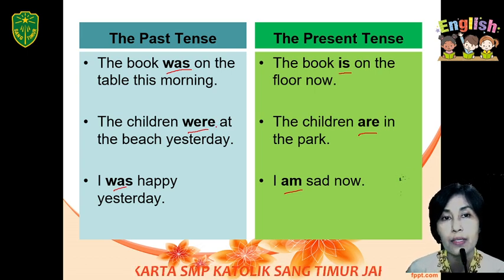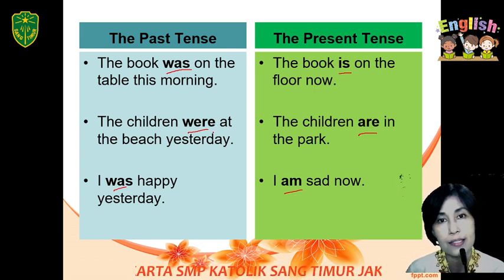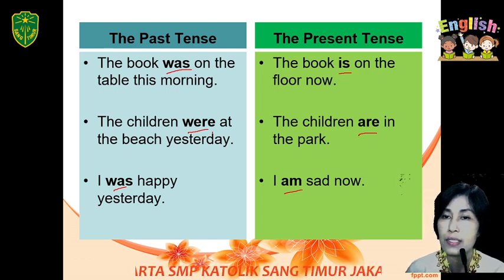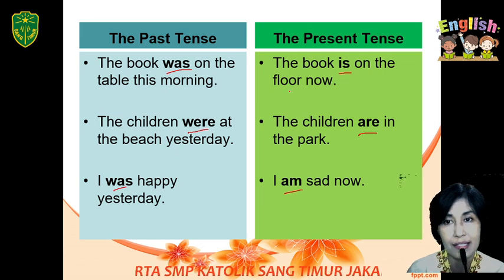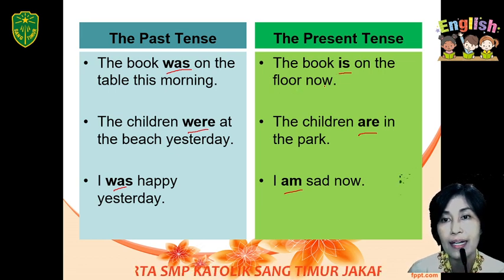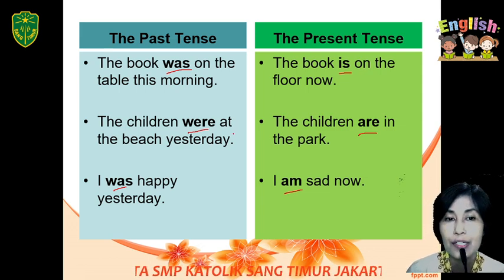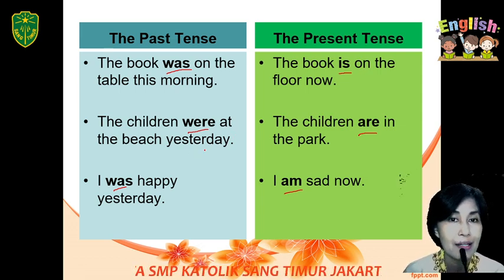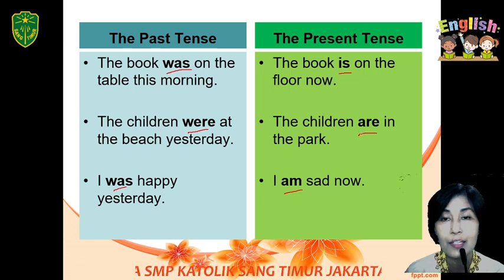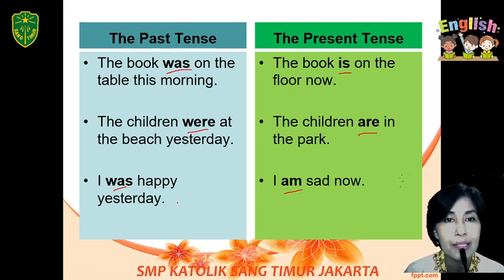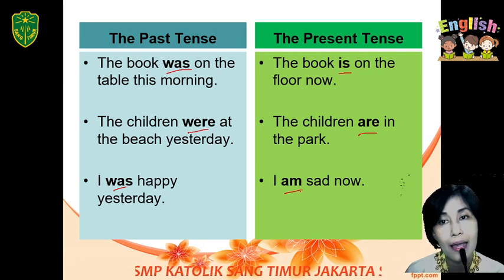So, the book was on the table this morning. So, why is it on the floor now? The children were at the beach yesterday. They are in the park now. I was happy yesterday. I am sad now.